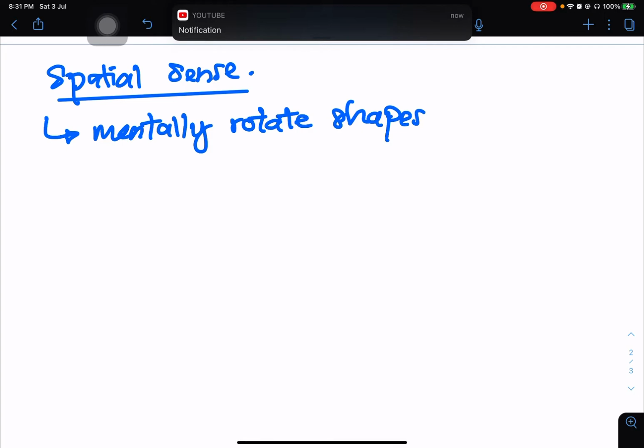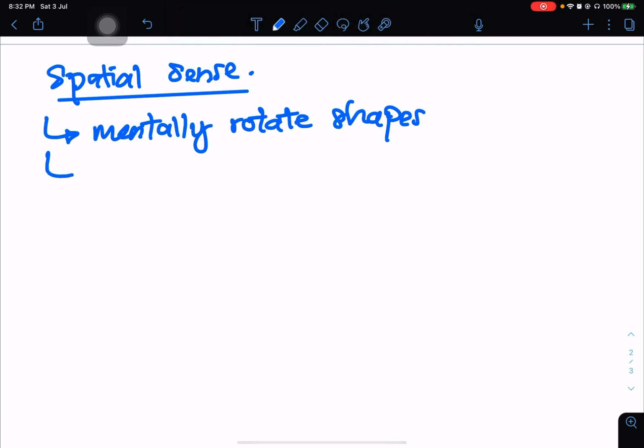And then there will be spatial perception.